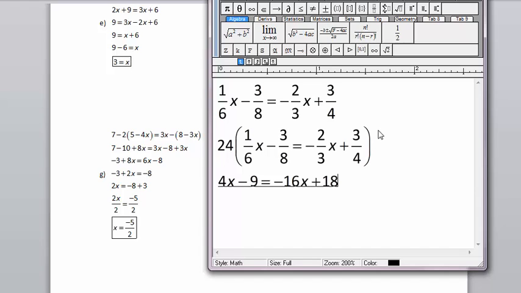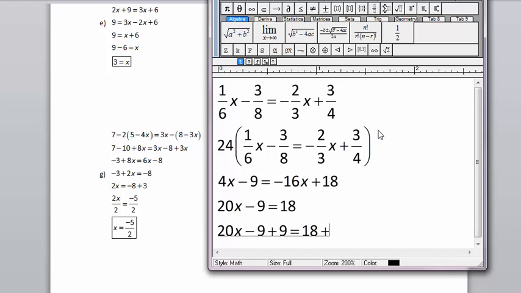3 is 18. The smaller value of x here is 16x, so we're going to want to add 16x to both sides. That'll give us 0x on the right-hand side of the equation, and a total of 16 plus 4 is 20x on the left-hand side of the equation. Now we want to get rid of the negative 9, so we're going to add 9 to both sides of the equation.